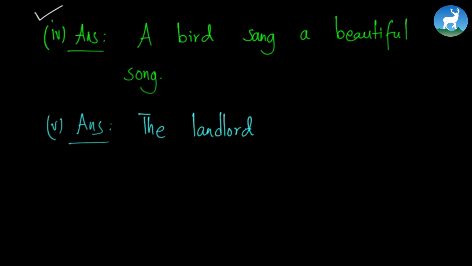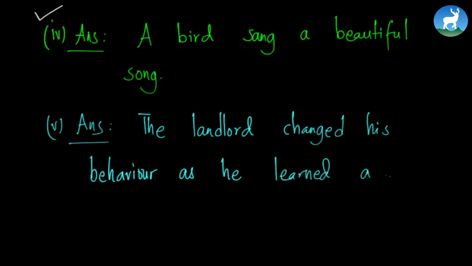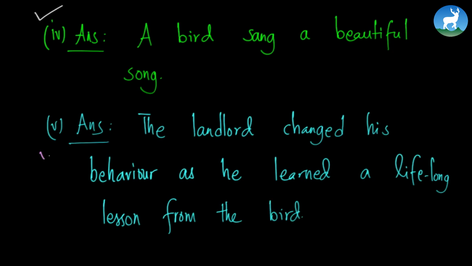Yes, indeed, the landlord changed his behavior as he learned a lifelong lesson from the bird. In the end, the landlord changed his attitude towards his people and towards himself. He became more of a liberal man, more of a carefree man in a way. So yes, he changed his behavior and he also learned a lesson. Isn't that a good thing?